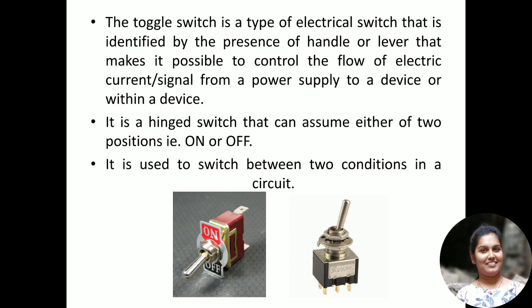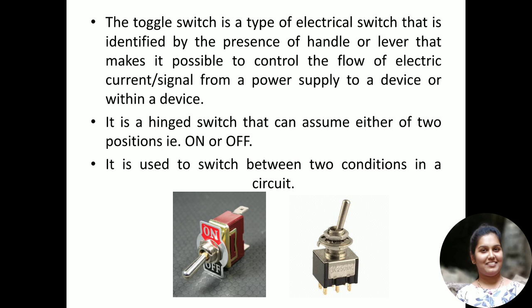This handle or lever makes it possible to control the flow of current or any signal from the power supply to a device or within the device. So either we can connect this toggle switch to a power supply circuit, or within a small circuit, this toggle switch can be incorporated.